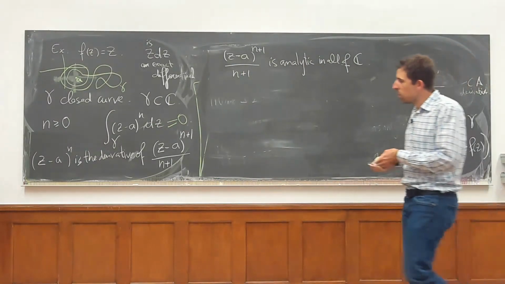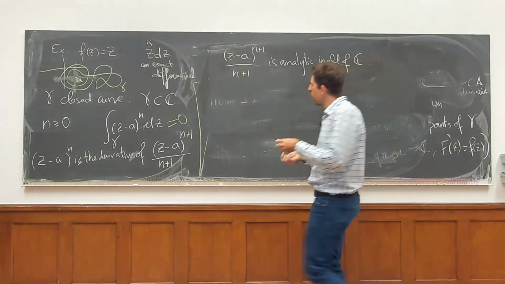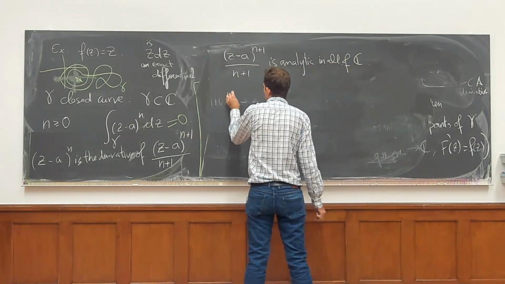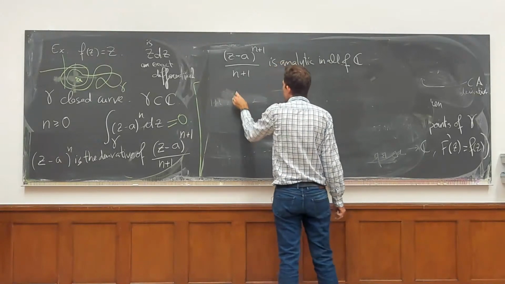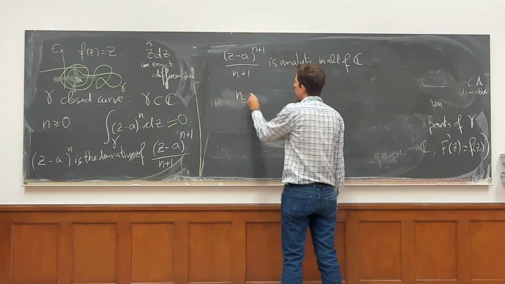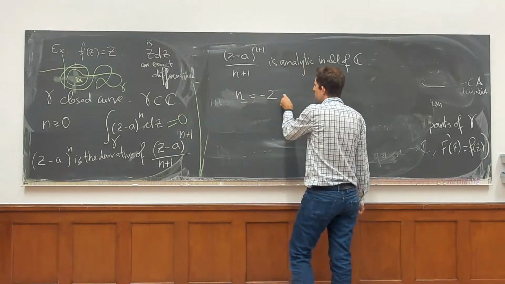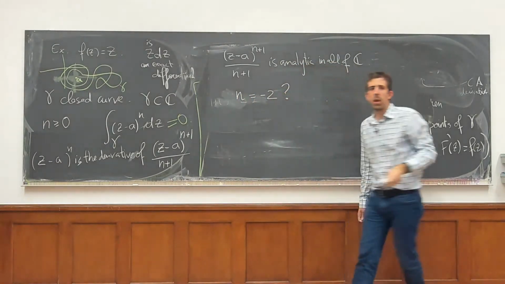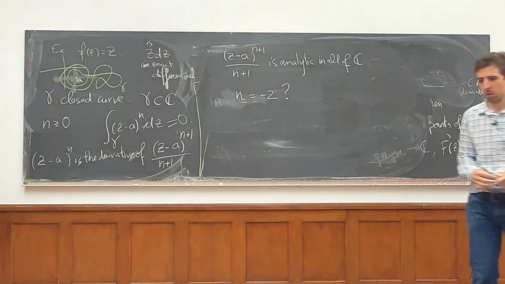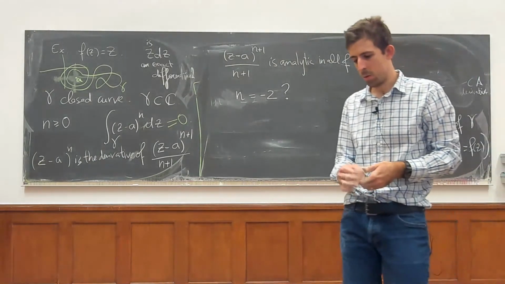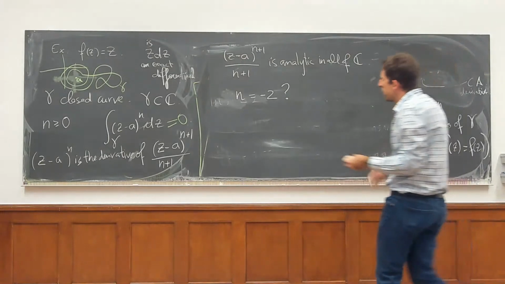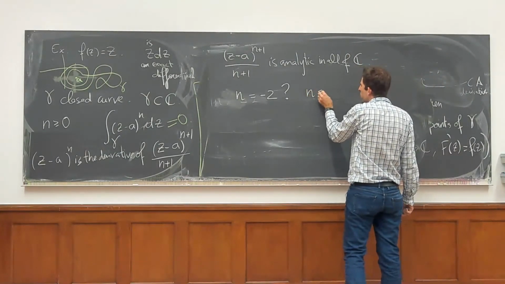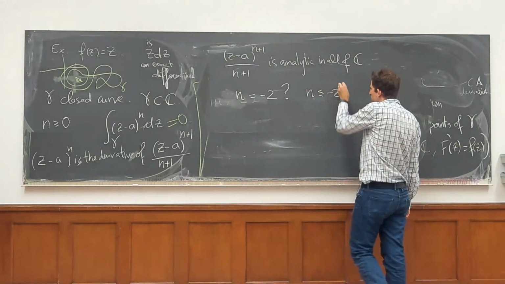Okay, let's make things a little more complicated. What if n is equal to −2? What happens then? Or n smaller or equal than −2, even.